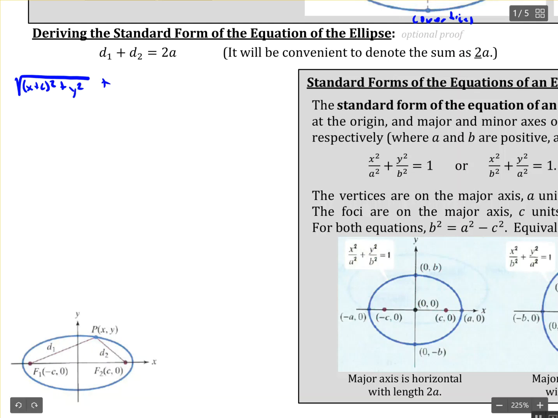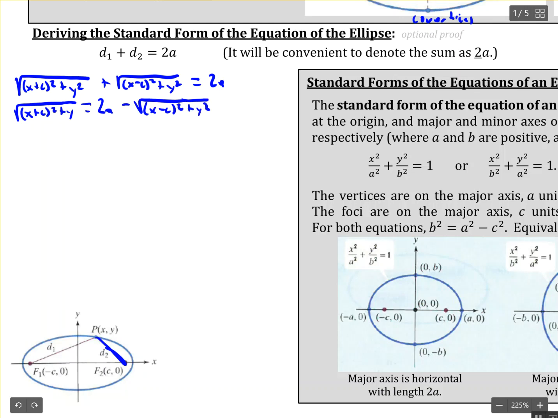And D2 is going to be the square root of (x minus c) squared plus (y minus 0) squared, and the sum equals 2a. Let's subtract this second radical from both sides. So we get 2a minus the square root of (x minus c) squared plus y squared.